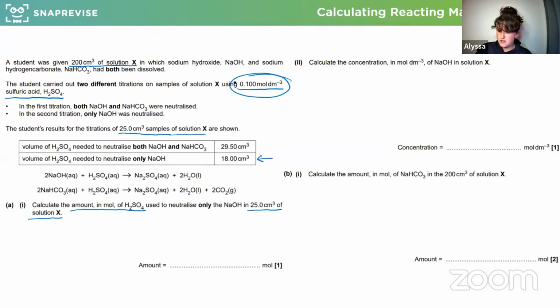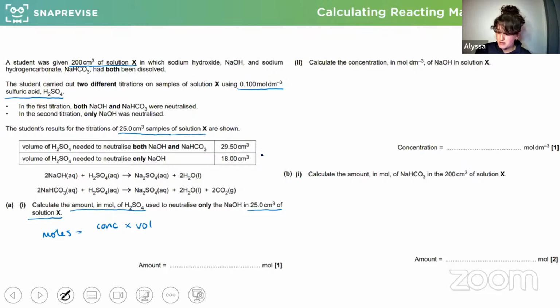Very good. So moles is equal to concentration times volume, or volume times concentration, however you'd like to put it. And making sure that the volume is in dm³, not cm³. It looks like you've already done that, Hamza, which is great. So my 18 cm³ is going to be 0.018 dm³. Very good. I'm going to write that in up here at the top.